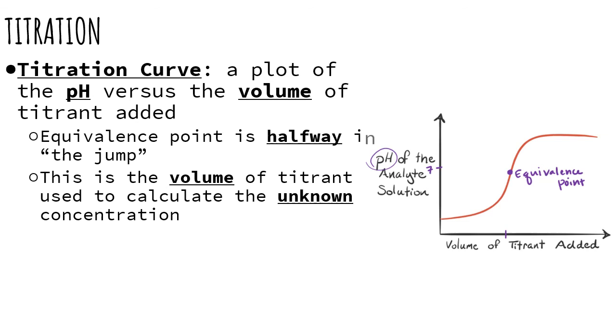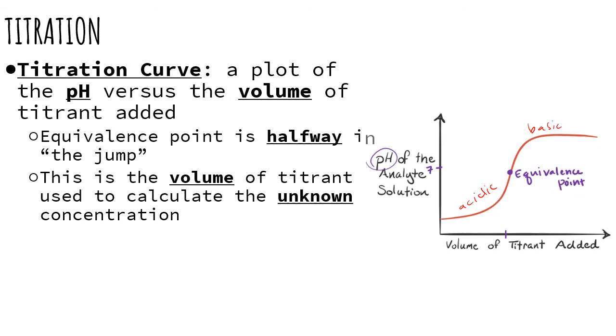When we do these acid-base titrations, we can actually track the pH, and that's going to create what we call a titration curve. It's going to track the volume of the titrant added on the x-axis compared to the pH of the solution on the y-axis. When we get to this major jump, that's where we're switching from, in this case, acidic to basic.